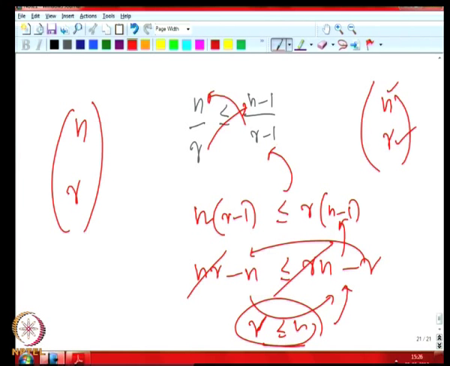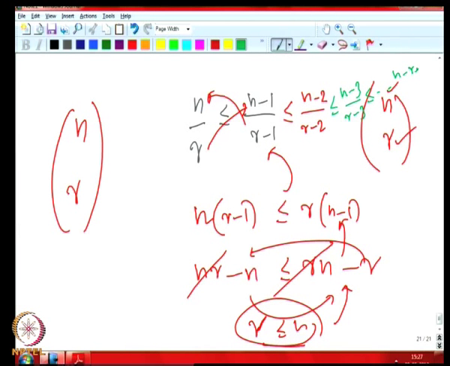And the next one, of course, instead of n, if we take n minus 1, this will be less than or equal to n minus 2 by r minus 2, and then less than or equal to n minus 3 by r minus 3, and so on. We can keep on going. How many times?